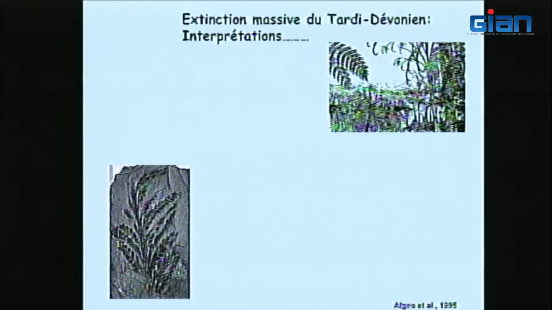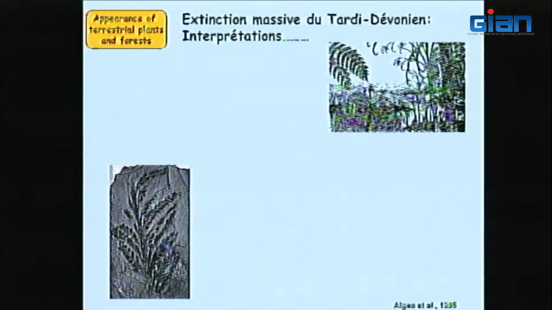Okay, so why do we have so many nutrients in the sea occurring suddenly at the end of the Devonian? And here, this is a working hypothesis of a group, and this is a nice paper from Algeo et al. 95, where he linked more or less this extinction with the appearance of terrestrial plants and forests, which is really interesting.